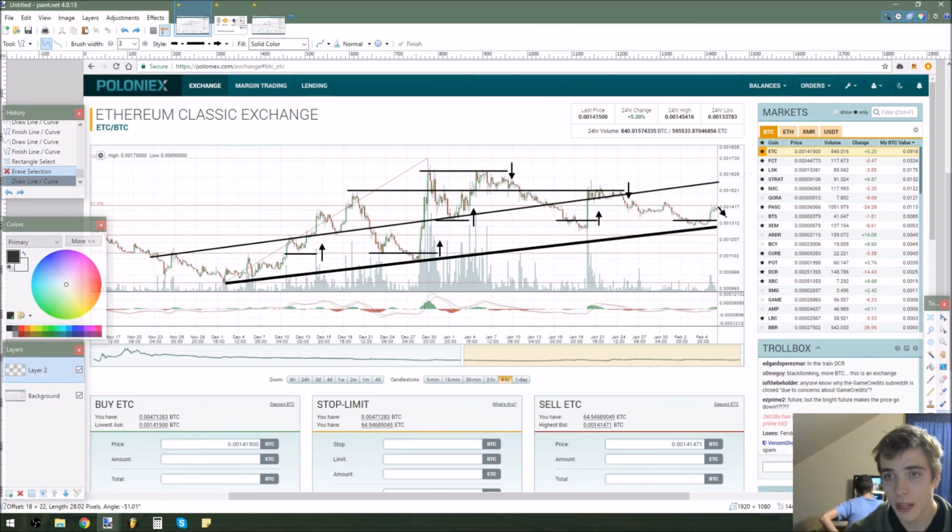I don't really think about the short-term move as much, but it is something you want to watch out for, because if you are invested into this coin and you're concerned about where the price is going and it starts to go down pretty hard, then you might panic sell, and you don't want to panic sell.